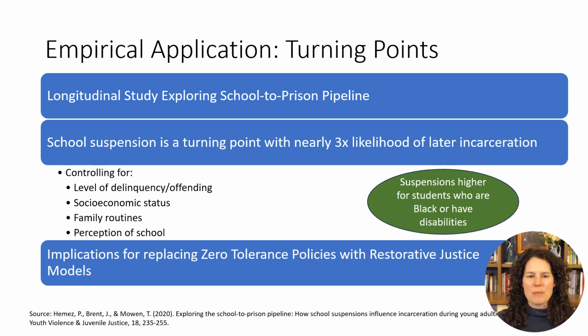And that, again, seems to be above and beyond just someone's life circumstances. So a difficult topic, especially because suspensions are significantly higher for Black students or those with disabilities, but an important application of this idea of a turning point and what we should be doing about it.